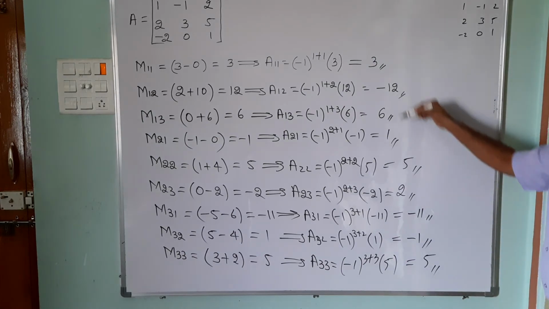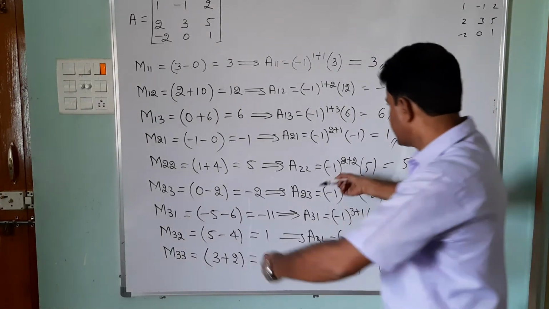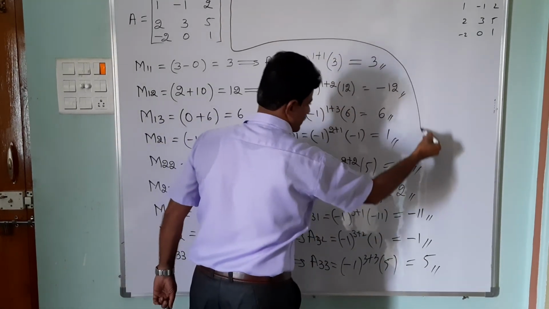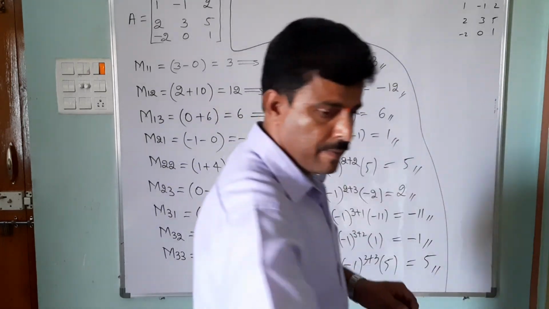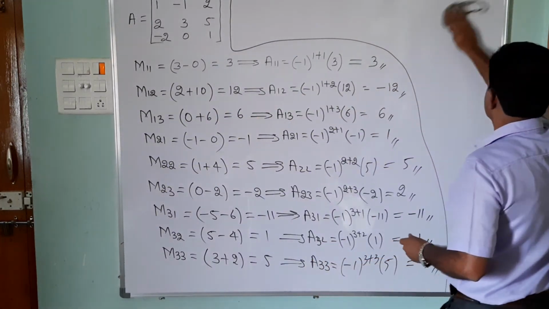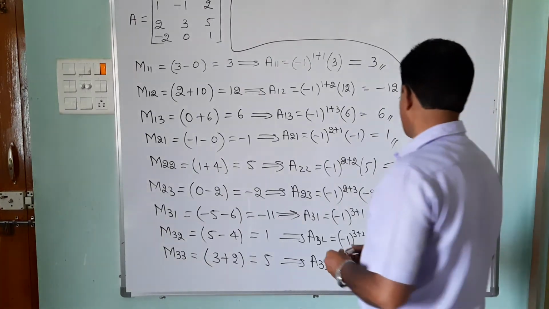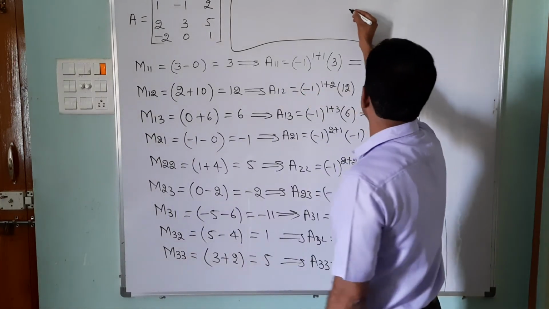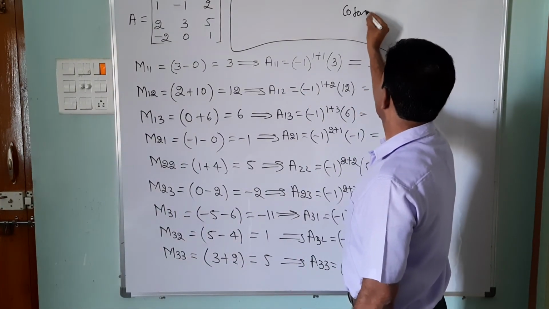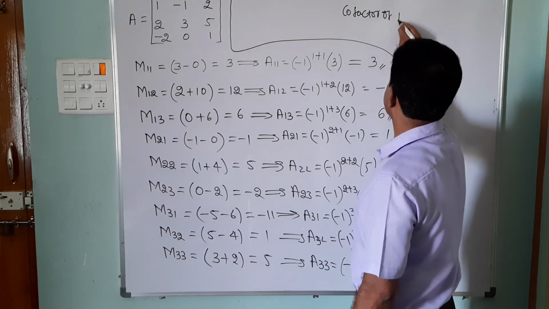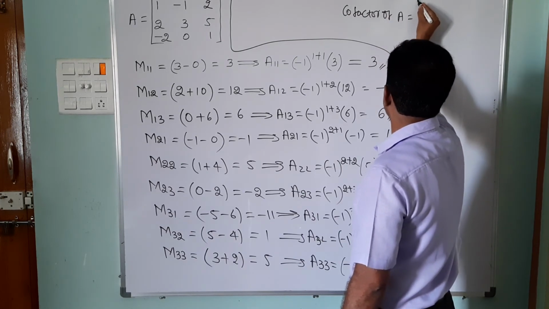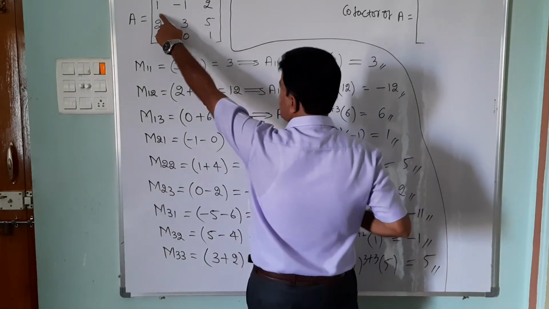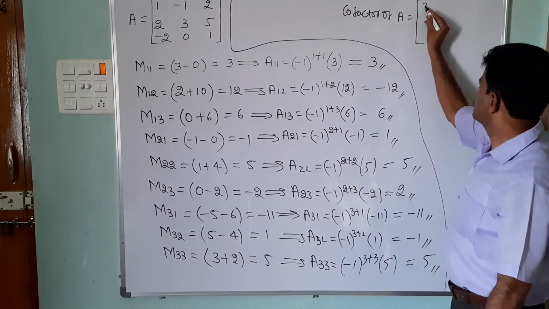These are the cofactors. Okay, after this I will write here, look here. Next, cofactor. Now let's group all the cofactors. Look, I will write here: cofactor of A is equal to, yes, look here, cofactor of 1 is what? 3.